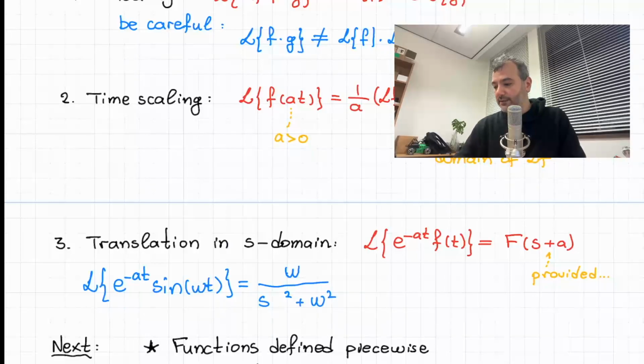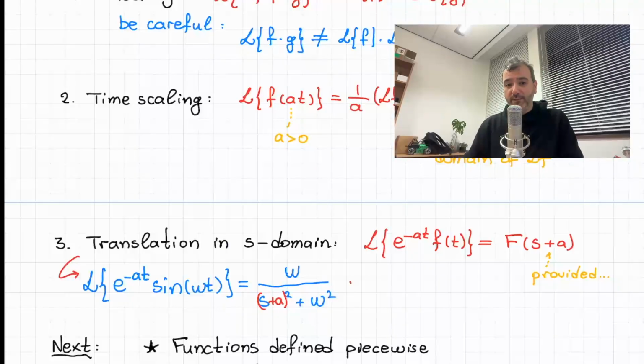Now you have this exponential here. So what you do is that you take the formula of the Laplace of sine, and you do here plus a. That's it. So that's why this is useful, because you can do things like this.